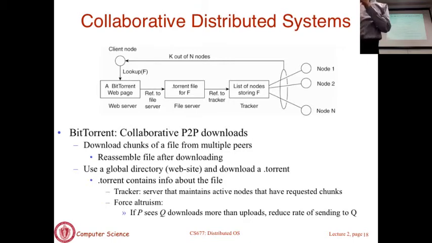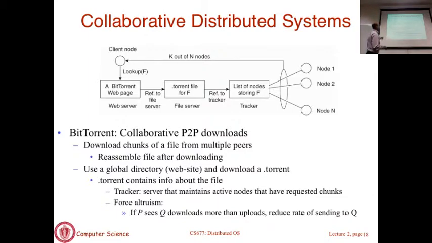BitTorrent doesn't specify how you get the torrent. Torrents could be posted on a web page, or indexed by a search engine. There are orthogonal ways, but if you want to download a piece of content, first you have to get a torrent file. The torrent file is essentially the metadata for the file. It tells you how to actually go get the content in some way.